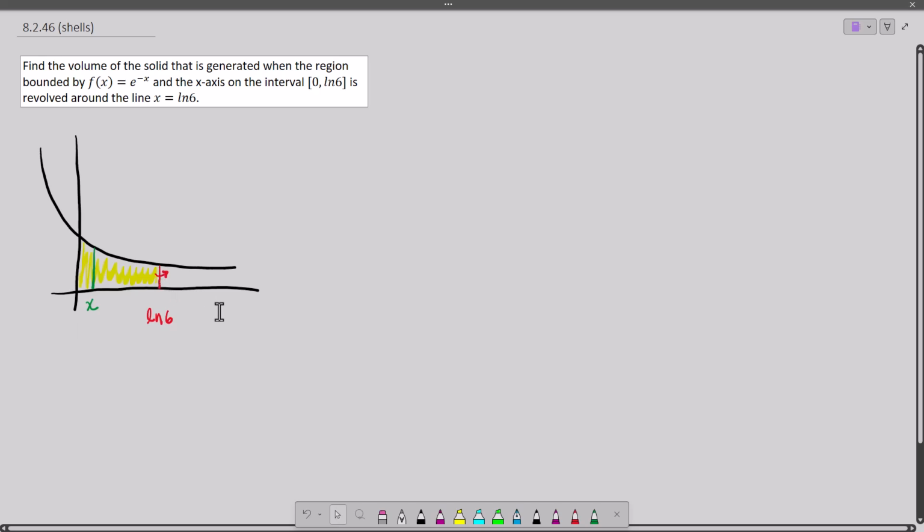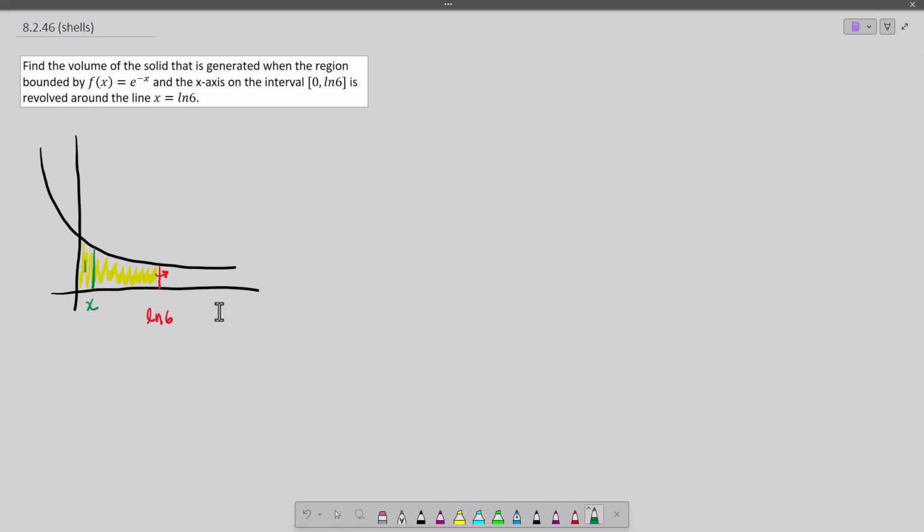We need it to be parallel to the axis of rotation in order to create a cylinder. The height of the cylinder is going to be that, and then the radius of the cylinder is going to be this distance from there over to there. That is the radius, and that radius is a horizontal distance, which we will find in one moment.